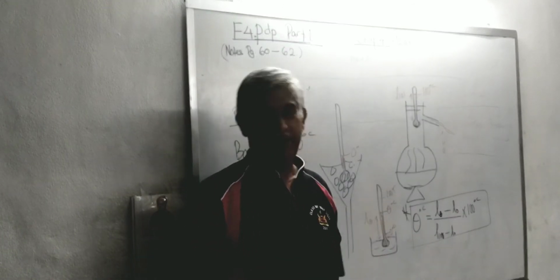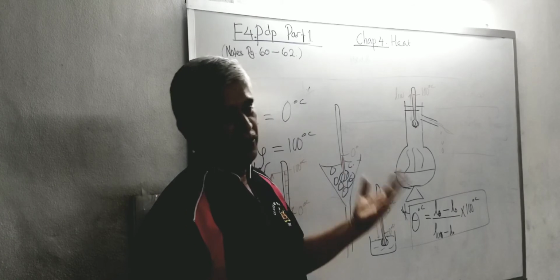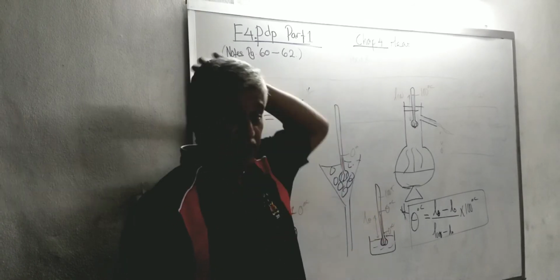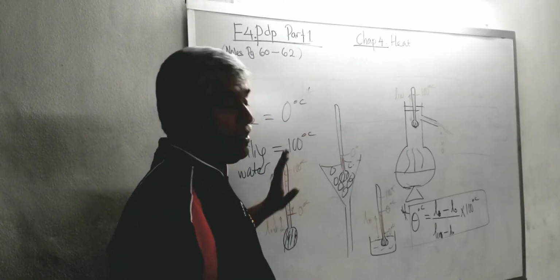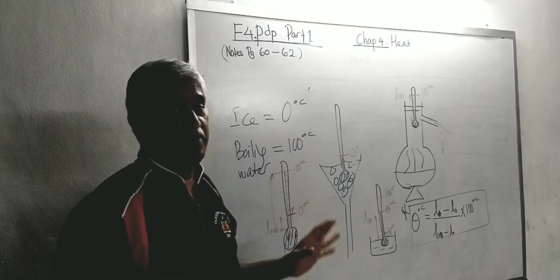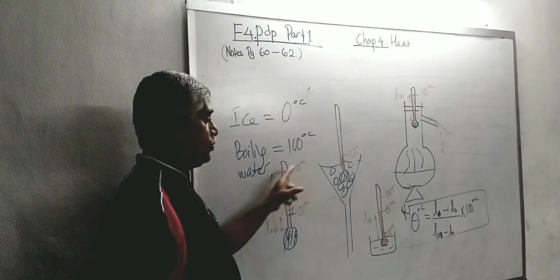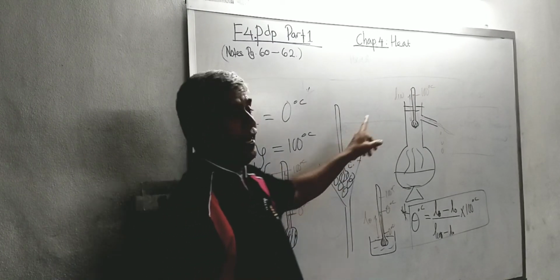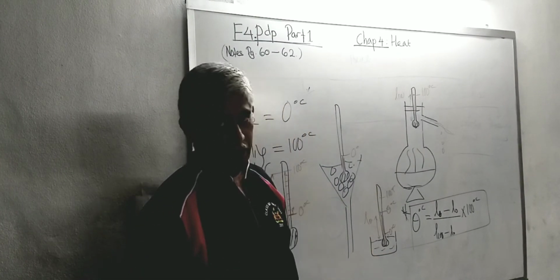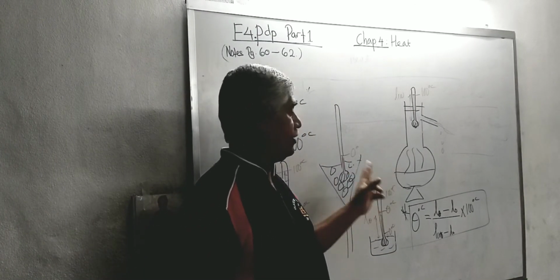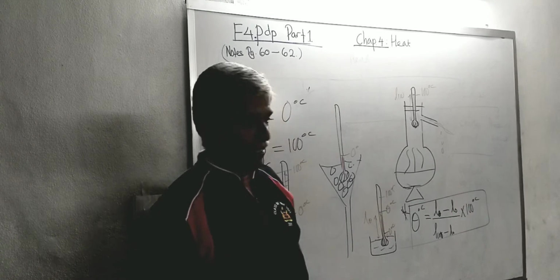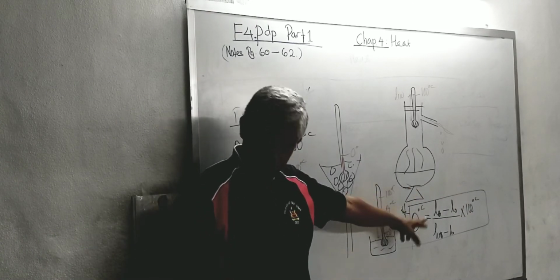There are many thermometers which I don't want to discuss, because it's not in the syllabus. So this is a basic thing. But any thermometer they make, they still go for these two reference points, the ice point and the steam point, the boiling point. These are the two they use to make the thermometer scale. So please remember the formula.